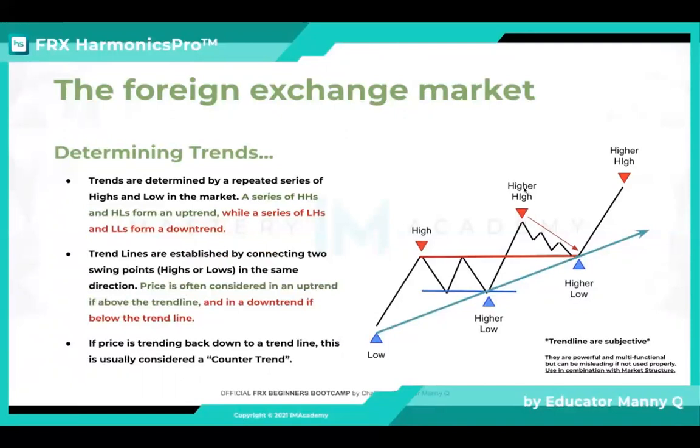The market goes from higher high, it creates a new low, lower high, lower low, lower high, lower low, forming what looks like a downtrend, making its way back down to the trend line. If you ever see this happening, this is known as a counter trend.